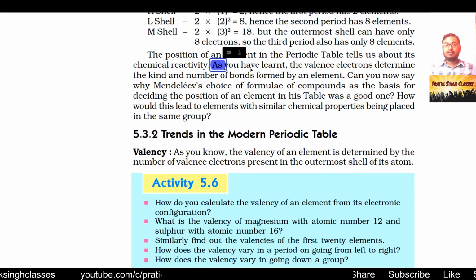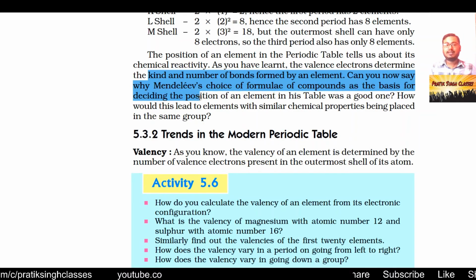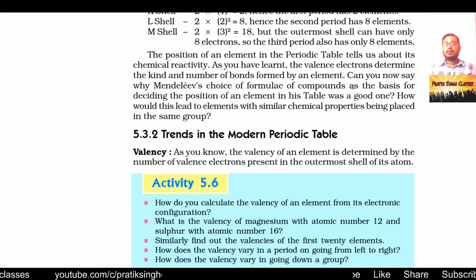As we have learned, the valence electrons determine the kind and number of bonds formed by an element. Can you now say why Mendeleev's choice of formulae of compounds as the basis for deciding the position of an element in this table was a good one? Yes, really it is, because it gives us the basic thing, and that is the reactivity series also. How would this lead to elements with similar chemical properties being placed in the same group?